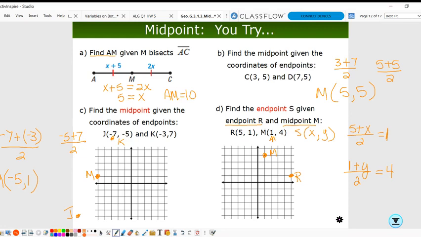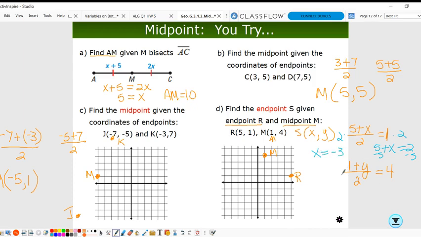Algebraically, when we solve this, I'm going to multiply on both sides by 2. And we get 5 plus x equals 2. And I'm going to subtract 5 on both sides, and we'll get an x value of negative 3.